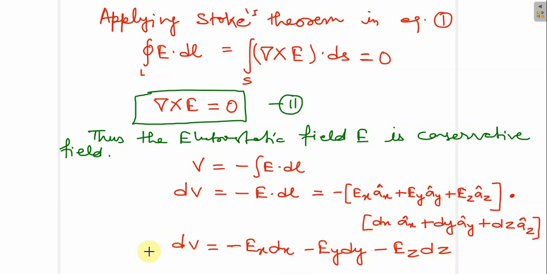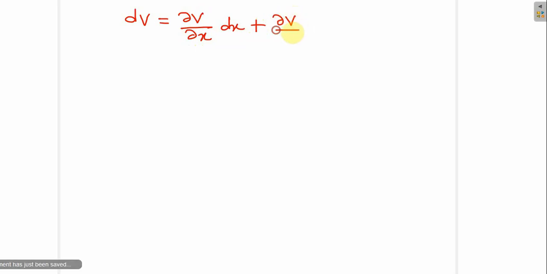Okay, fine. And if we remember partial differentiation, then this dV can be written as del V upon del x into dx, plus del V upon del y dy, and del V upon del z dz.